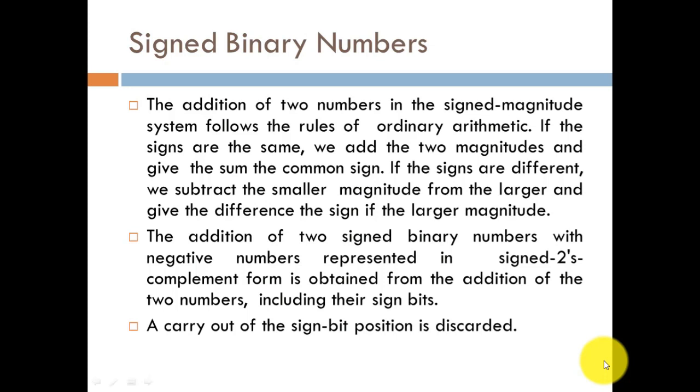We simply have to obtain the sign 2's complement and add them including their sign bits, and the carry out of the sign bit position is discarded. That is, if the sign bit contains any sort of carry, we simply have to discard it. Whatever we have studied in this particular slide, let us discuss with some examples.